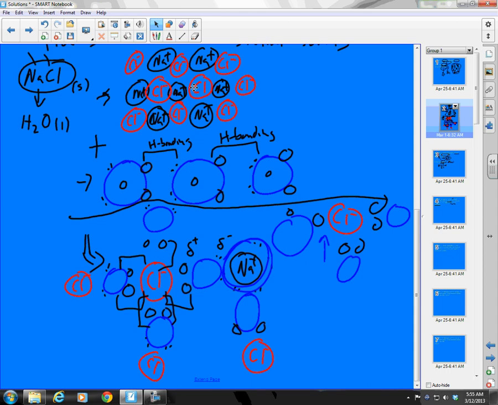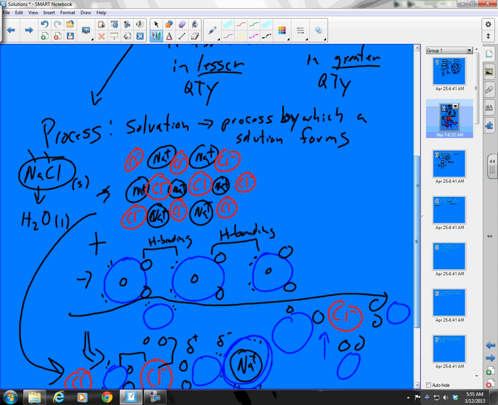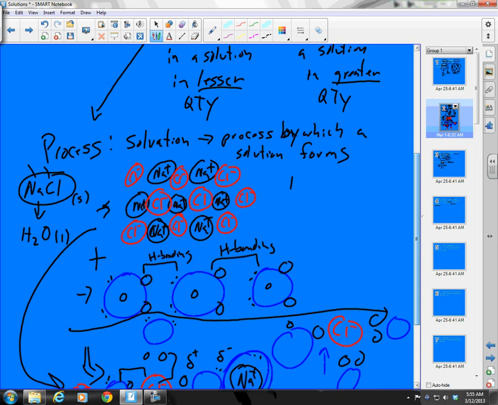Now, here's the question. What has to happen for us to go from this situation to that situation? Well, first, let's take a look at my salt. What must happen here, first of all? Well, I've got an attraction between my sodiums and chlorides. Well, those must be separated somehow.